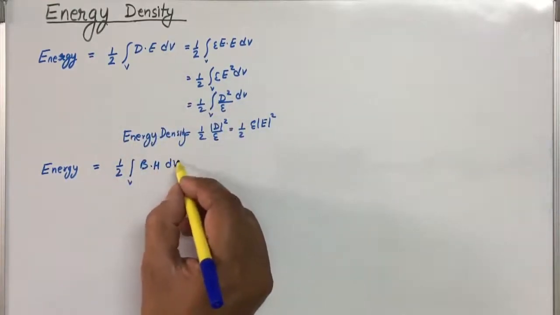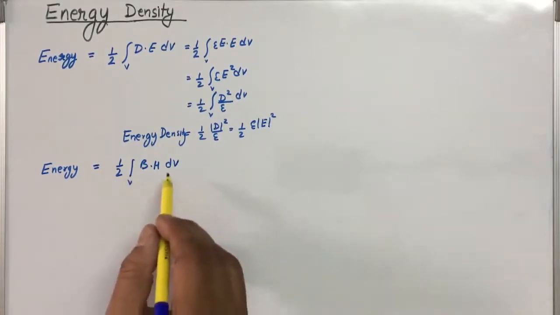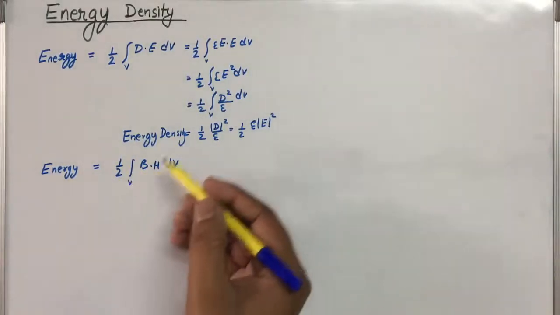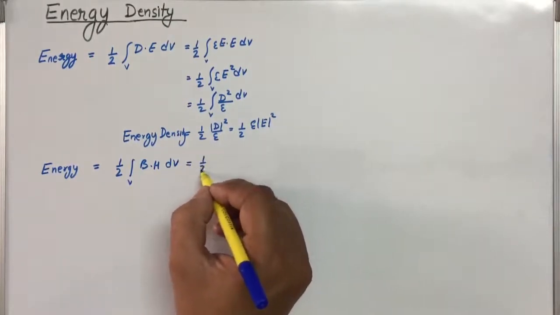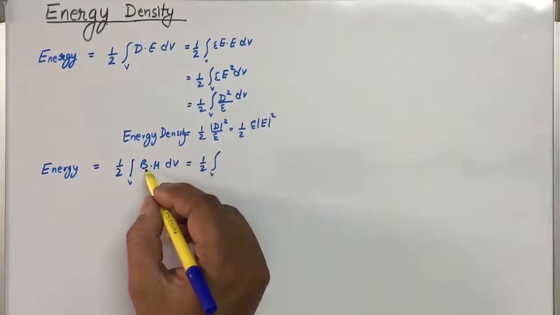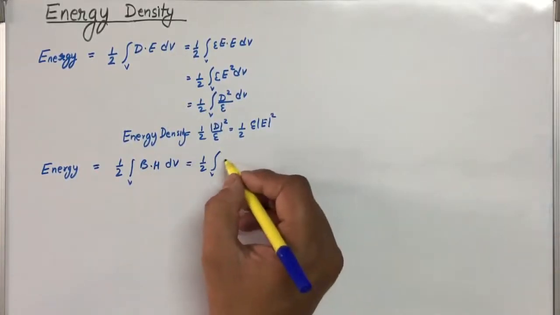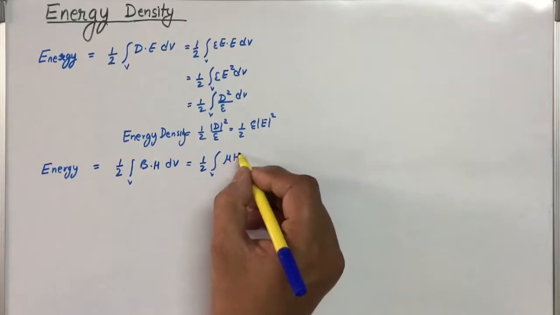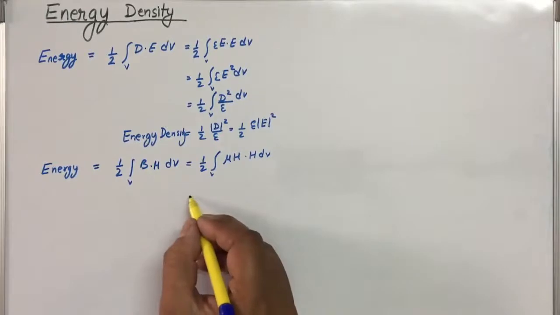If we simplify similarly, it can be written as half volume integral, B can be written as permeability times H, dot product with H, volume integral.